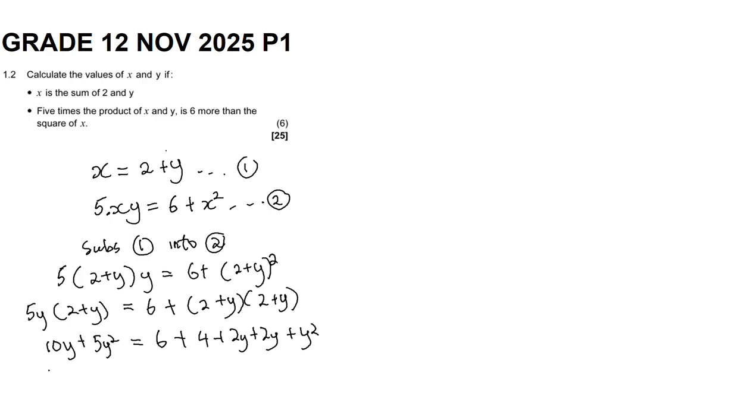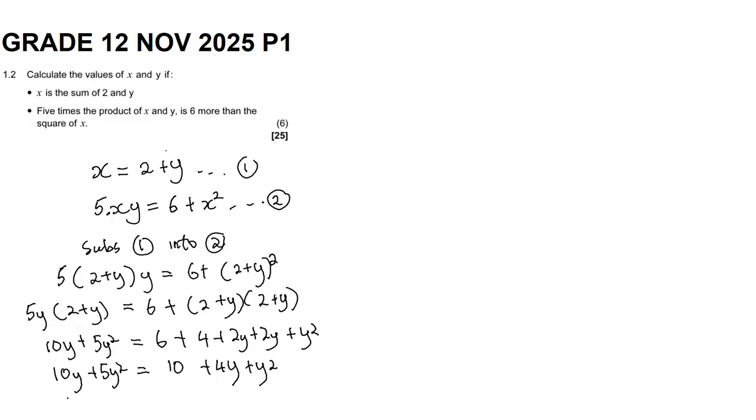Then let's just solve. Let's add the like terms on both sides. On the left hand side, we don't have like terms. On the right, we have 6 plus 4, which is going to give us 10, plus 2y plus 2y, which is going to give us 4y, and then plus y squared. Right guys? So we can take everything from the right hand side to the left hand side.